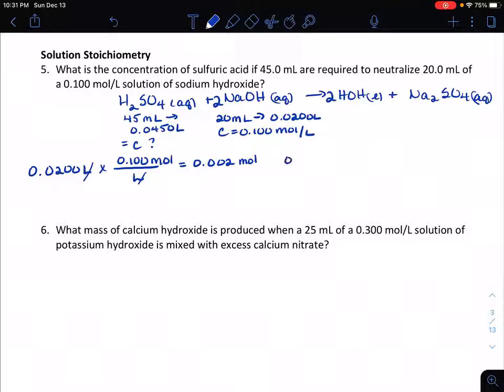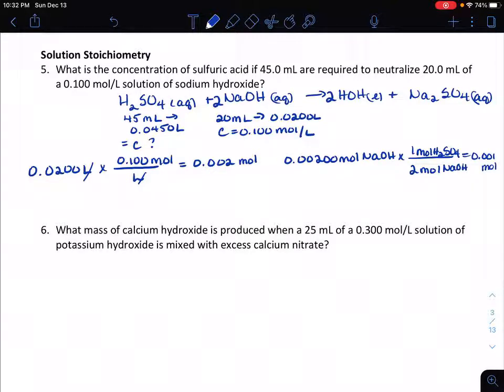So I'm going to start off with 0.002 moles of NaOH. And then my mole ratio, it's 2 moles of NaOH at the bottom and 1 mole of H2SO4. And so this gives me 0.001 moles of H2SO4.